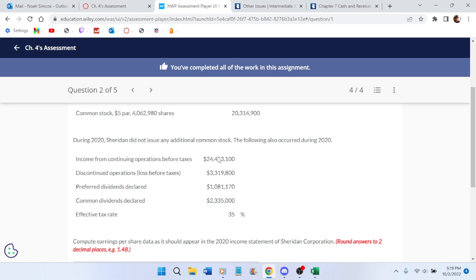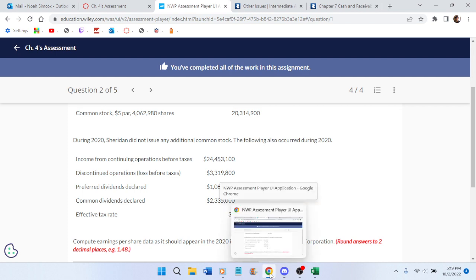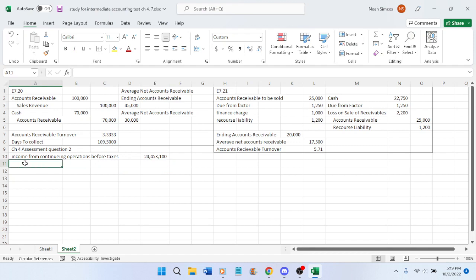Now we have to calculate what taxes are levied. Tax rate is 35%, so 0.35.